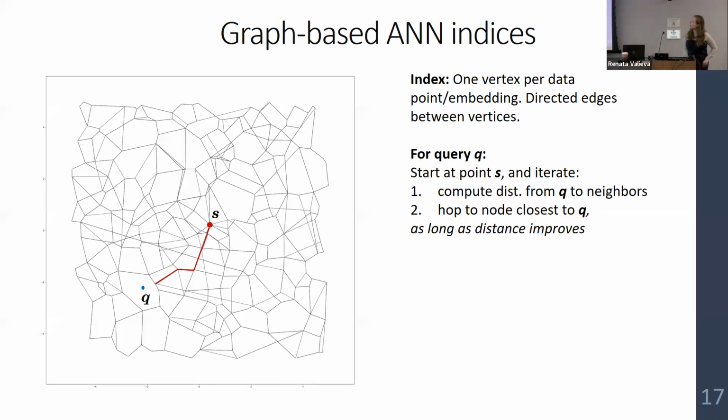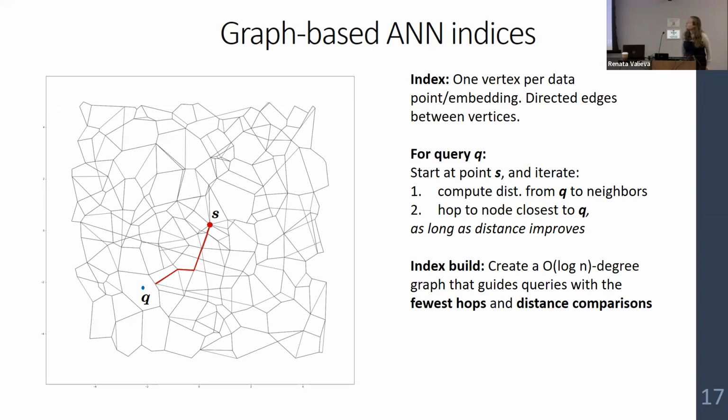And we typically generalize this to a k nearest neighbor search by, instead of keeping the top distance, keeping a frontier of say 10 to 20 elements, and going until you can't improve the distance from the 20th element. So then the goal, given this method of searching, is to create a graph of maybe around log n degree, because this is probably what we'll have to do to guarantee connectivity.